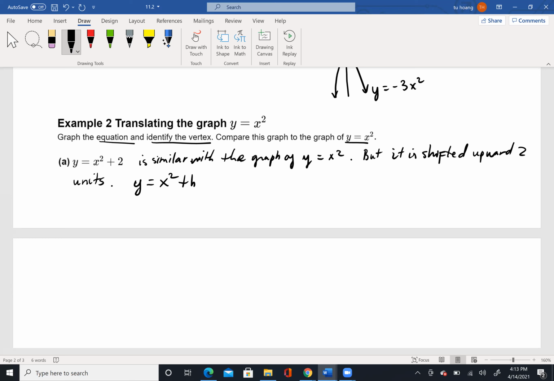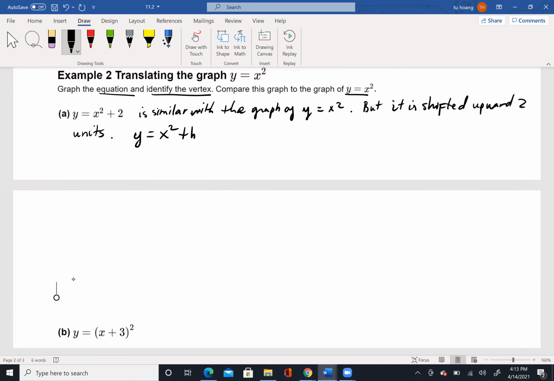So here I have the graph of y equal to x squared.